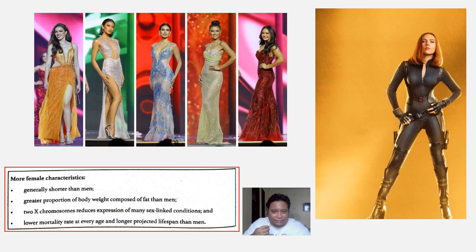Two X chromosomes, XX, reduce the expression of many sex-linked conditions, and in the sex-linked conditions, there is basically a lower mortality rate at every age and a longer projected lifespan than men.